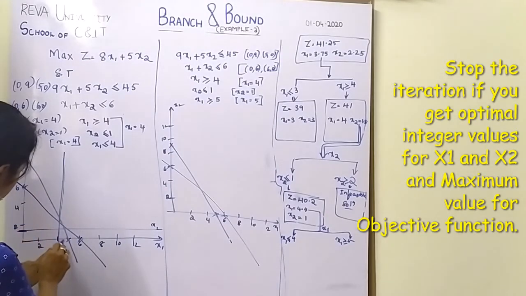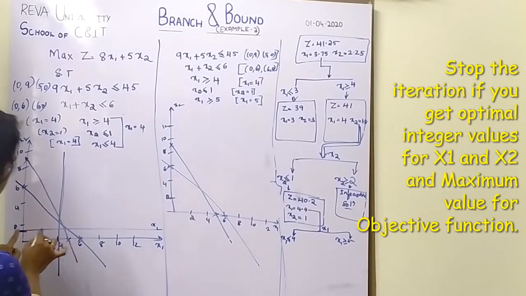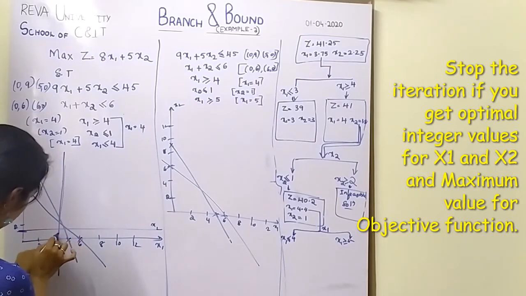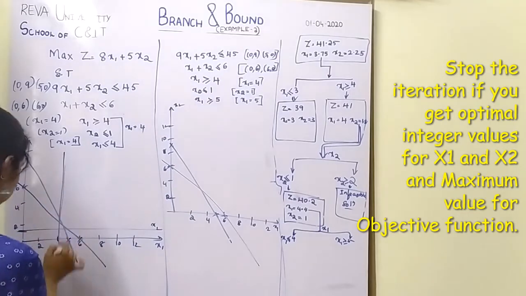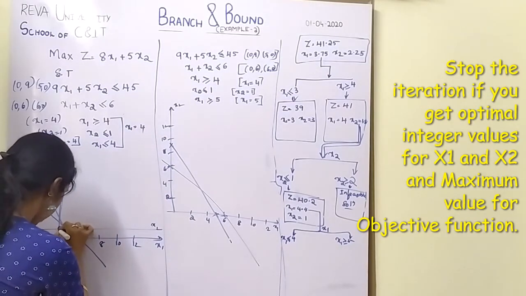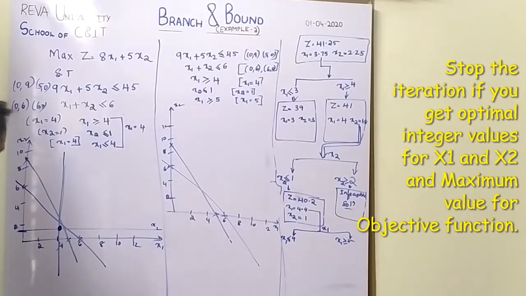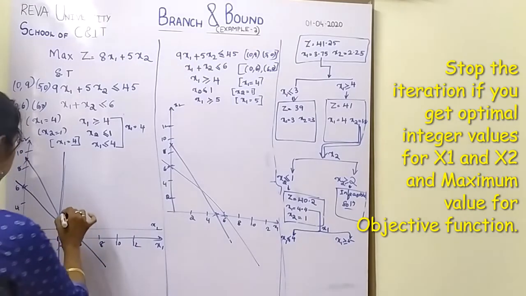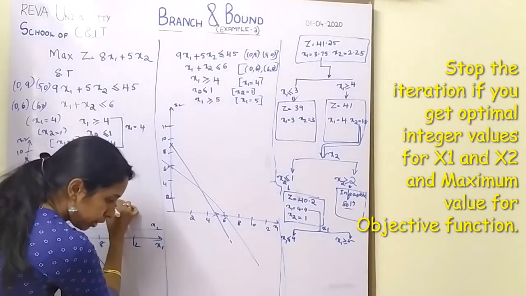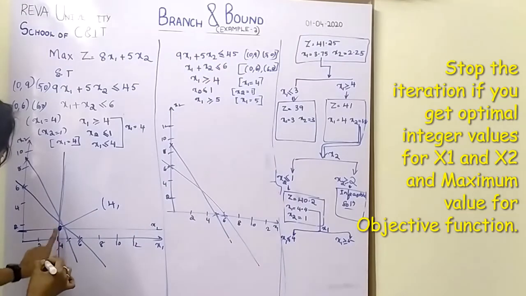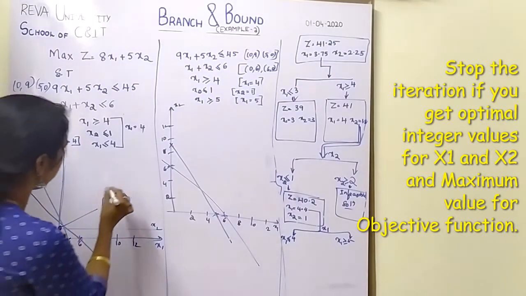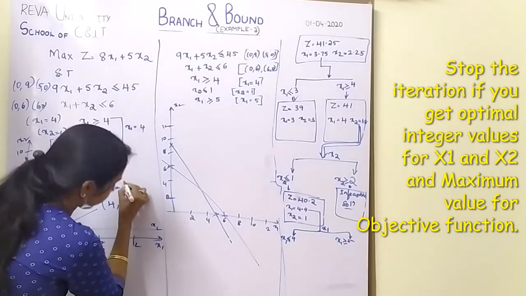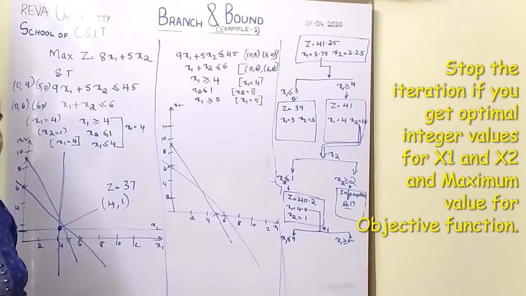So these are all feasible, and moreover x1 is equal to 4, which indicates we will get only this point as a feasible region. So what is the value for this? You will get x1 is equal to 4 and x2 is equal to 1. What is the z value? Z value is equal to 37.